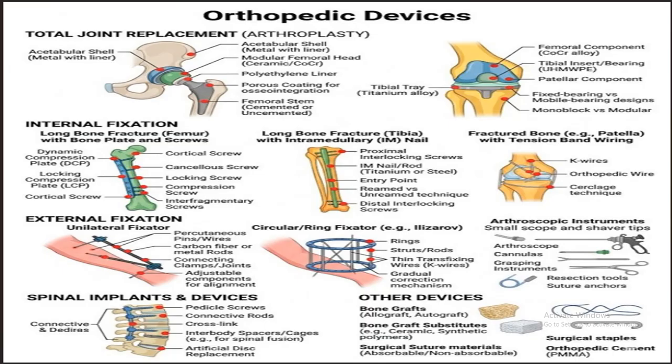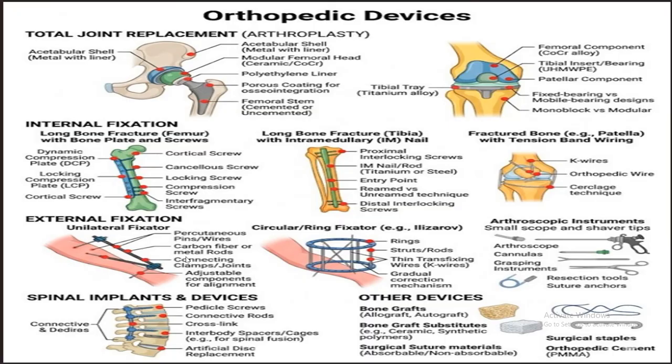In external fixation, we have two types, unilateral or uniplanar, and multiplanar. Uniplanar means the external fixation device is on only one side. Multiplanar means the device is on multiple sides. Simple.